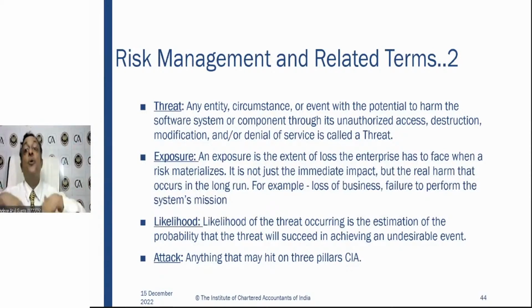Okay. Likelihood is probability. It is the estimation of probability that a threat will succeed in achieving the undesirable event. Attack that may hit the three pillars, any of the three pillars: confidentiality, integrity, and availability.